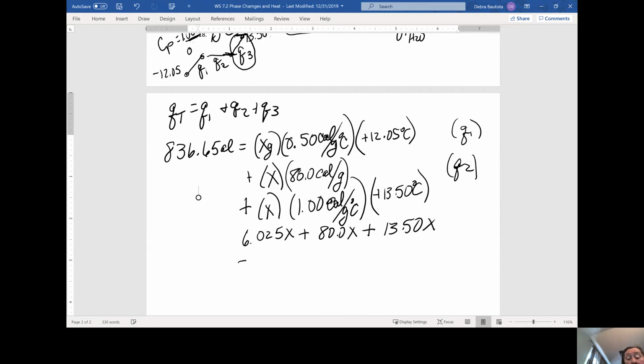I'm going to add those together. 6.025 plus 80 plus 13.5 equals, I get 99.525X equals 836.65. So I'm going to divide both sides by 99.525.